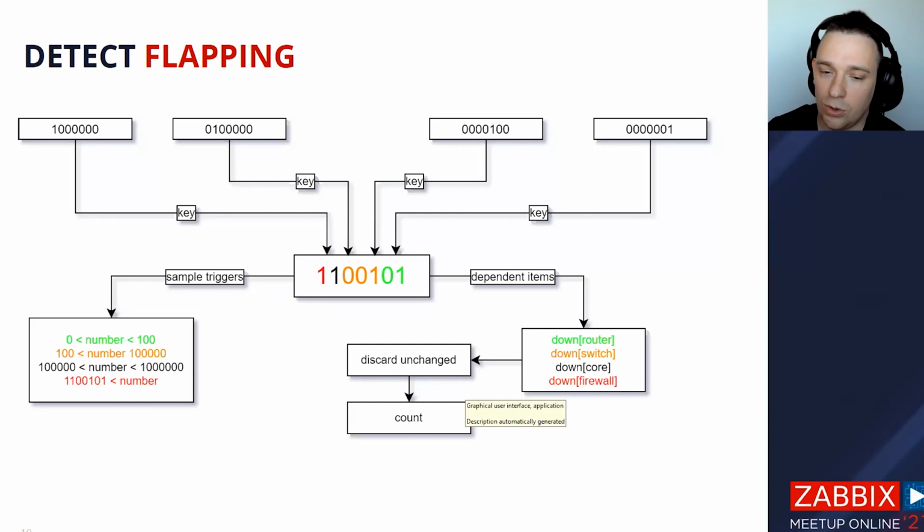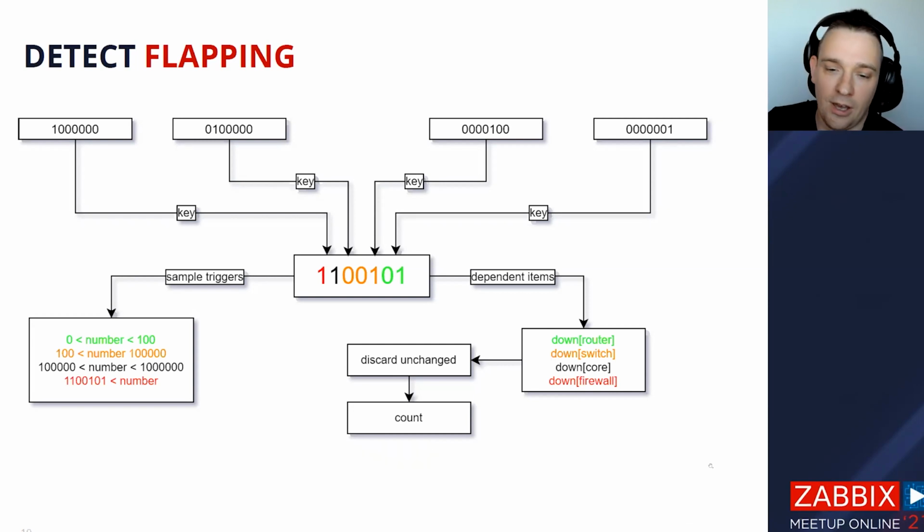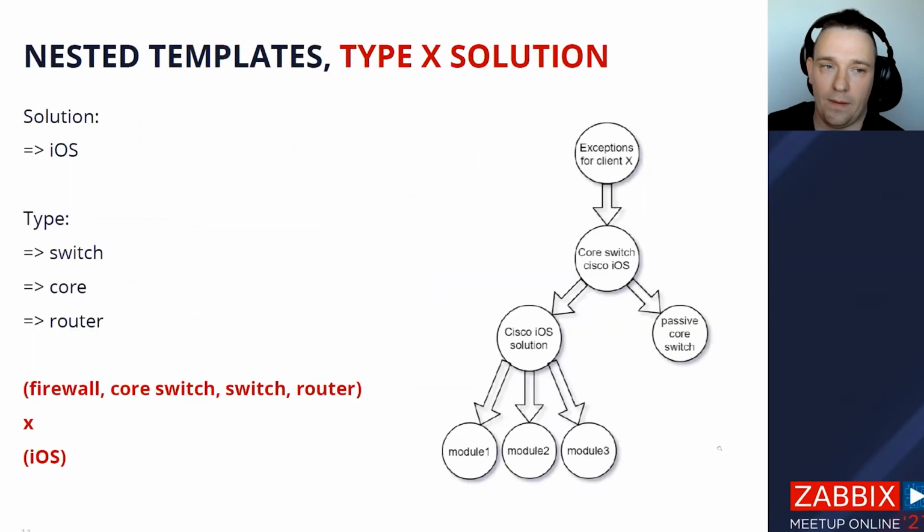All we need to do is count how many values came in the last 24 hours. And that's it. It will really tell us about these flapping situations, and we can detect when some devices are disconnected from the wire. Okay, that's it for the solution.